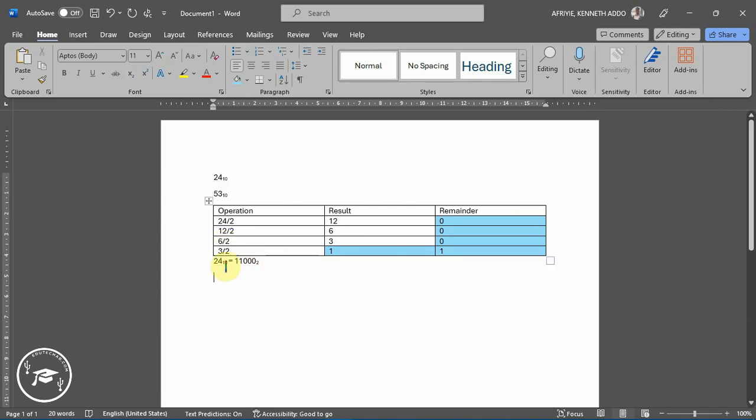So let's check if our answer is correct. Let's convert this back into base 10. Now, what we are going to do is follow the same procedure as in the beginning of the lessons.